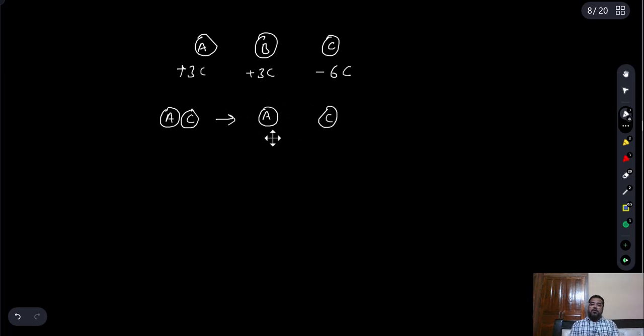Now the question comes: what exactly will happen when you touch A and C? The charge will get redistributed. When you touch them, the effective charge we have is plus 3 minus 6, that is -3.